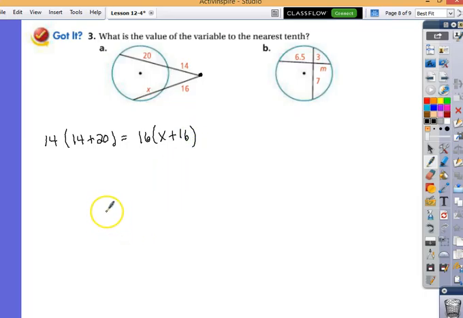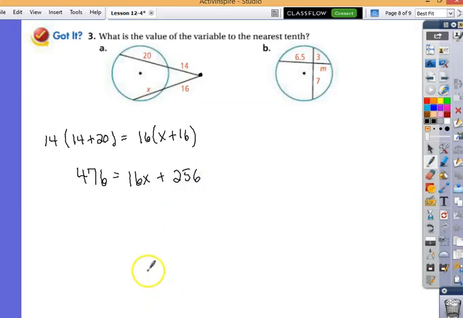Are we comfortable there? All right, moving right along, I'm just going to go ahead and do the product. 14 plus 20 is 34, times 14, and I get 476. And then that's going to be 16x plus 256, 16 squared.